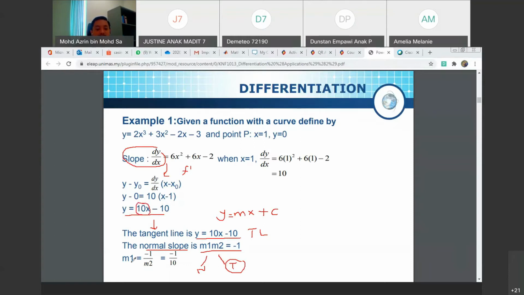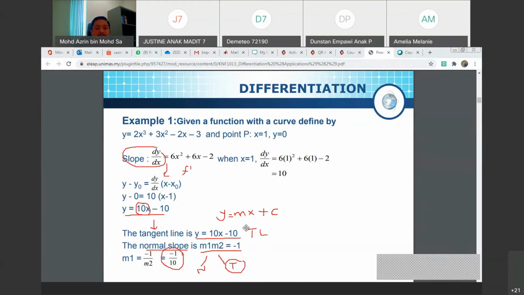So now m1 times m2 equal to -1. So you rearrange, and you will get m1 equal to -1 over m2. So actually m2 is the tangent slope, 10. So m1 is equal to -1 over 10, right?